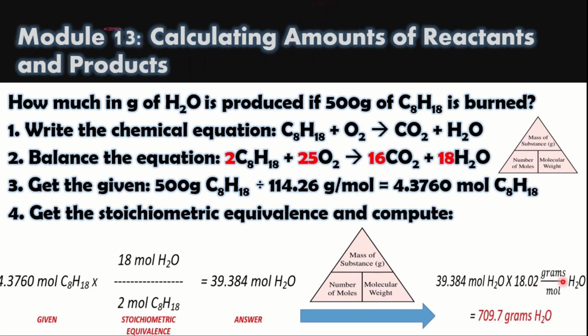Cancel the mole, you will be left with grams. This will be equal to 709.7 grams of water. So that means if you have 500 grams of octane, the water produced is 709.7 grams. So that's it for Module 13. Please work on your modules.